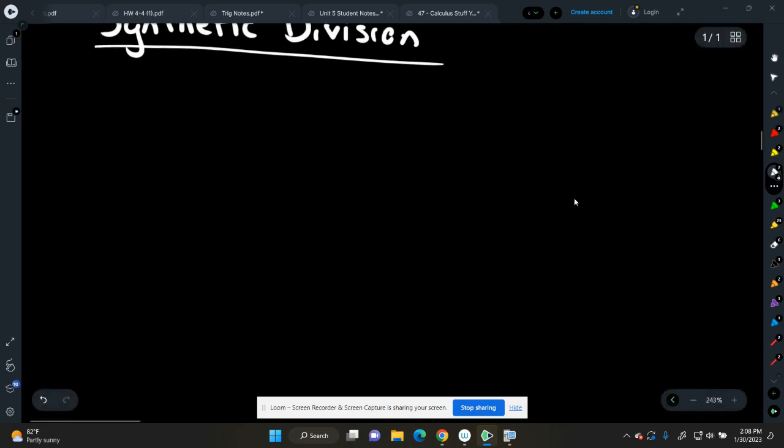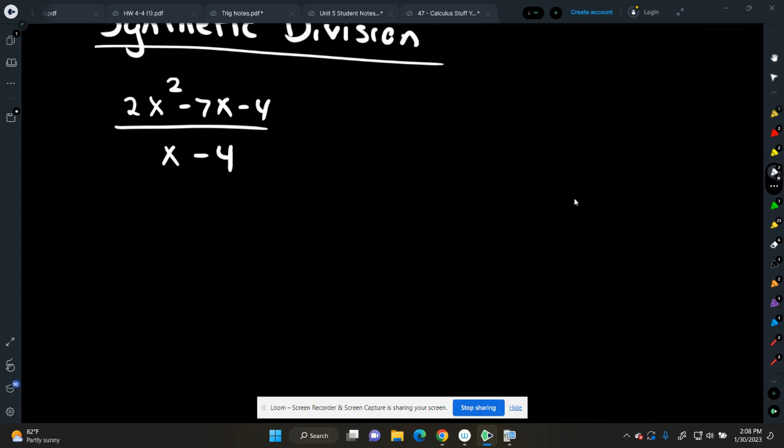Okay. Synthetic division. This is another way of dividing. I'm going to use one of the problems we just did. We've got 2x squared minus 7x minus 4 divided by x minus 4. Now, tabular division you can use for anything. Your boxes will change sizes, but other than that, you can use tabular division for everything.